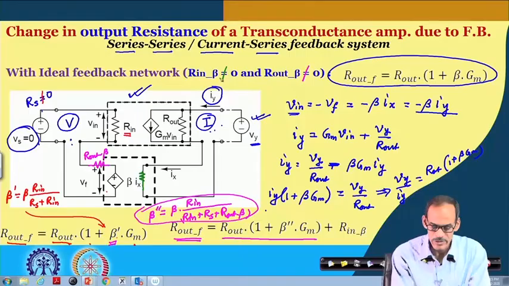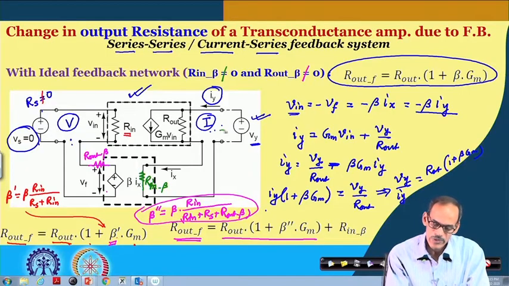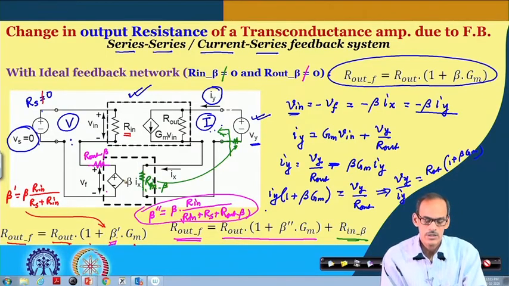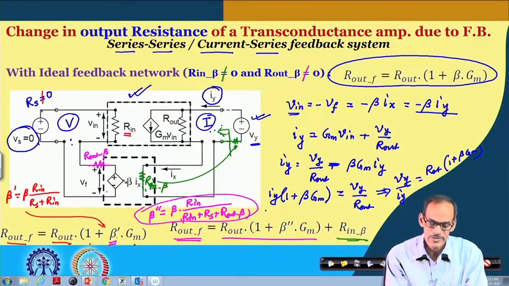And then the last non-ideal item, if we consider it is having some input resistance which is non-zero, say R in of beta network, and if I consider this circuit, again the contribution of this resistance is simply getting added. In fact, this resistance, as I was discussing previously, we can think of it as getting shifted here without hampering any arrangement here.